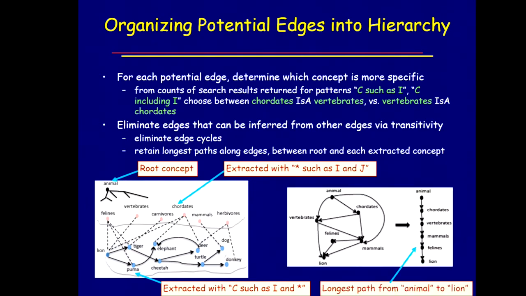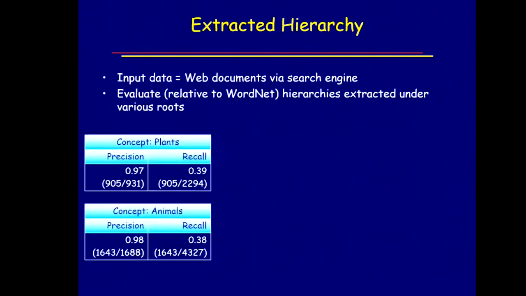From here, after processing, you could end up with something like on the right side. You take all that seemingly redundant candidate hierarchy, and out of that you could create just one longest path connecting animal at the top, to lion at the bottom all the way.